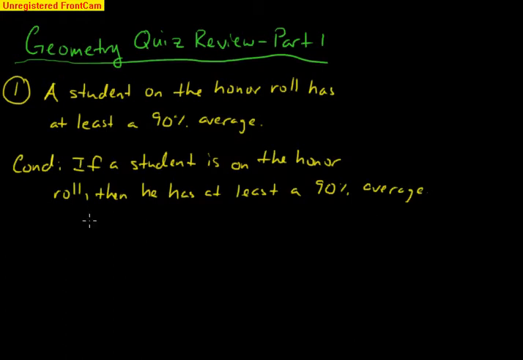Okay, and again we went left to right. If a student is on the honor roll, then he has at least a 90% average.